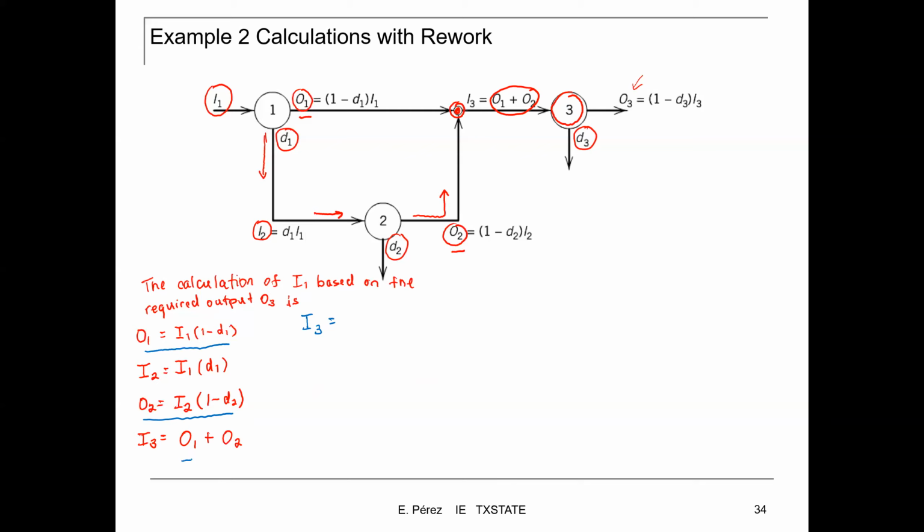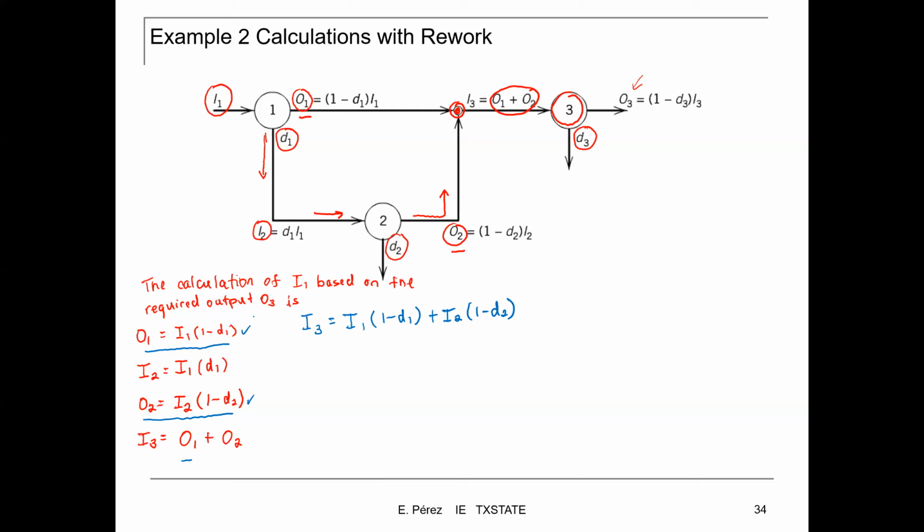So O1 equals I1 times 1 minus D1 plus I2 times 1 minus D2, which is these two expressions.